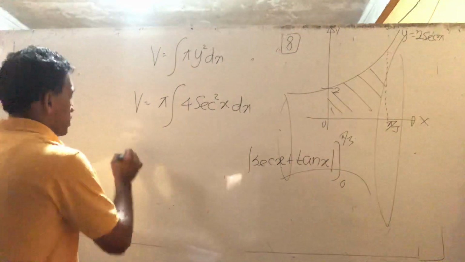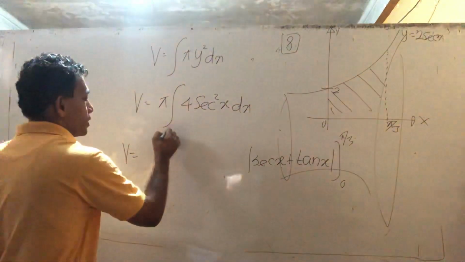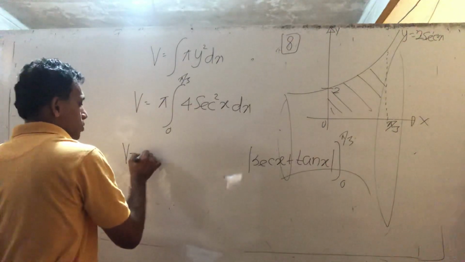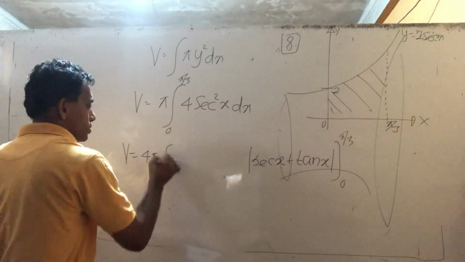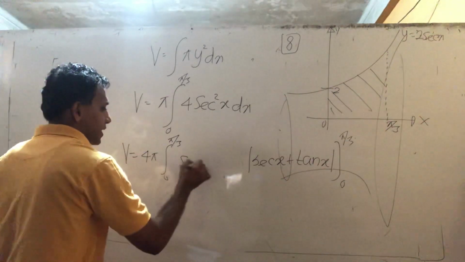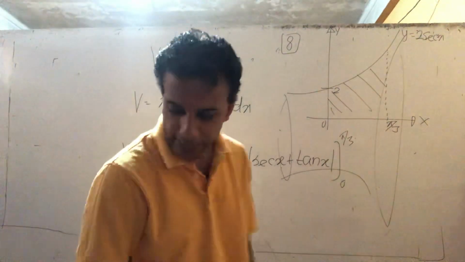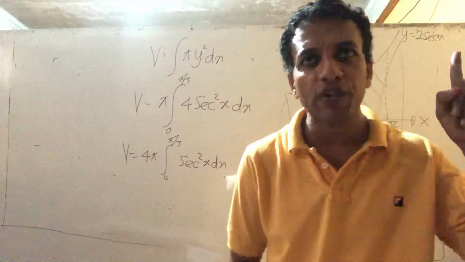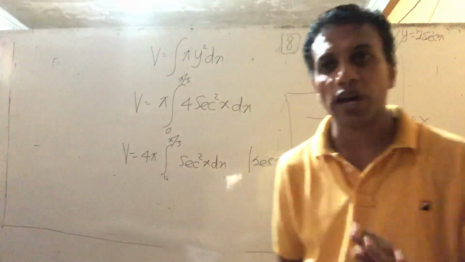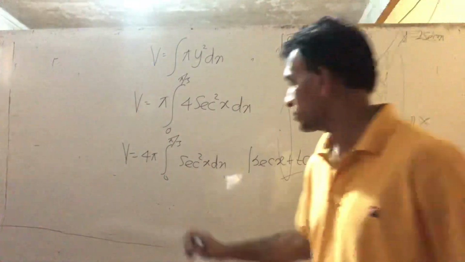Therefore, the bounds are 0 to pi by 3. Take the 4 pi out: integral from 0 to pi by 3 of sec squared x. What is the differentiation of tan theta? It is sec squared theta. Therefore the integration of sec squared is tan x.